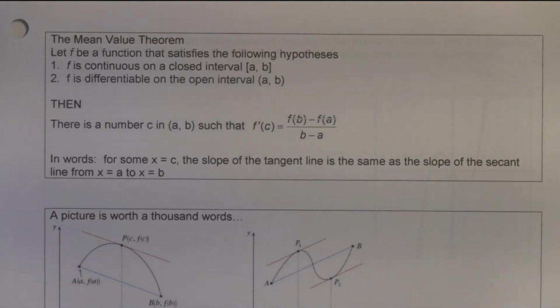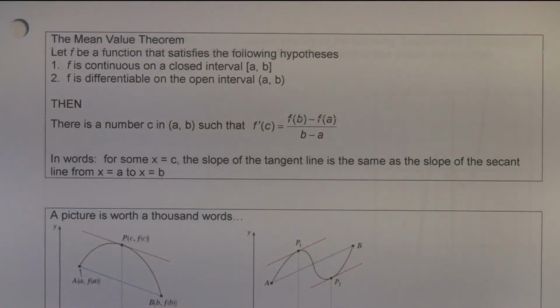Then this is the mean value theorem, and it goes a little further than Rolle's theorem. And so the mean value theorem has the following hypotheses that have to be met. F has to be continuous on a closed interval a to b, so that's the same as Rolle's theorem. And f has to be differentiable on the open interval a to b.